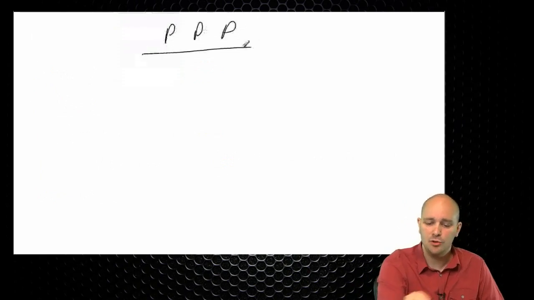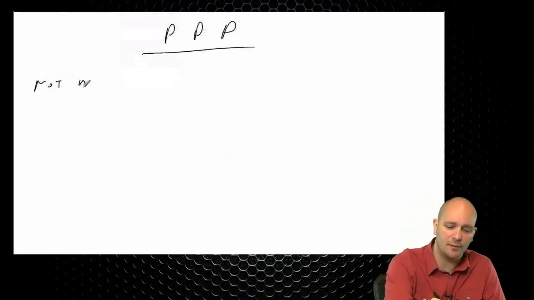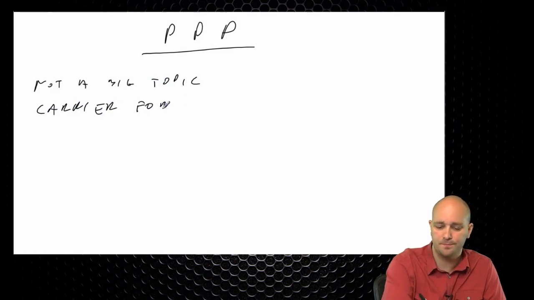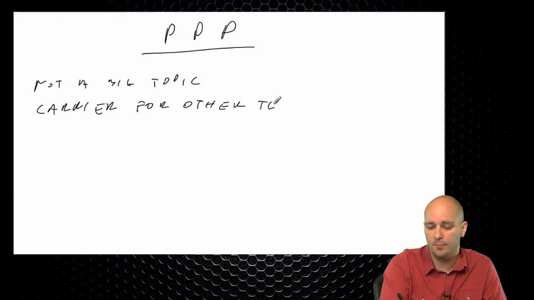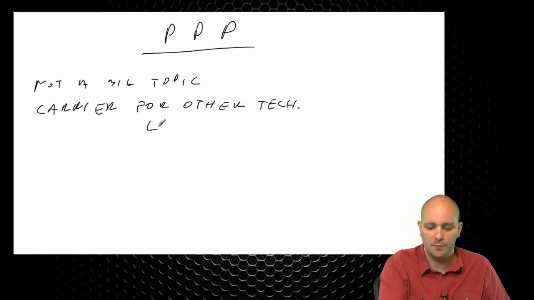Now, when it comes to PPP in the CCIE lab, it used to be a very big topic. It's not a big topic anymore, but it's a carrier for other technologies. What I mean by that is that with PPP configured, they can test you, do you understand AAA?